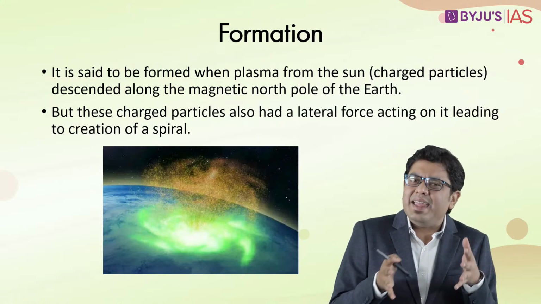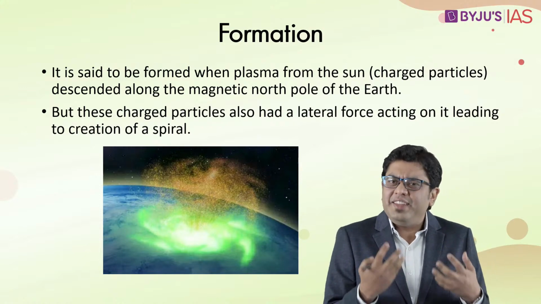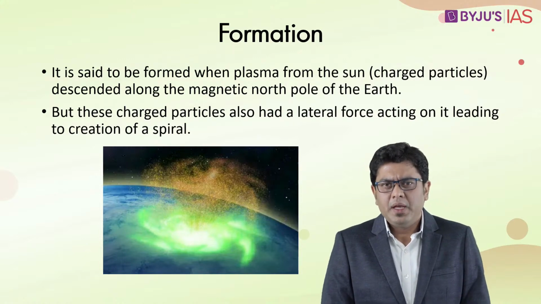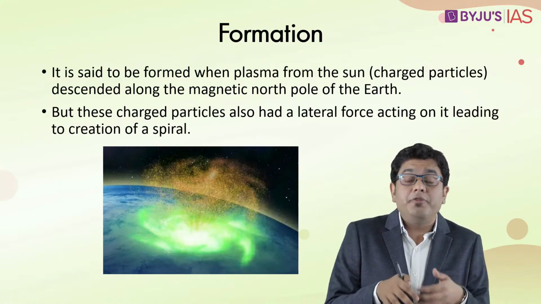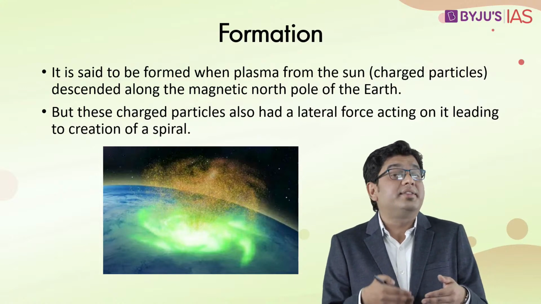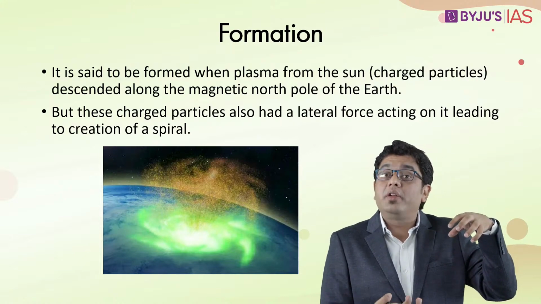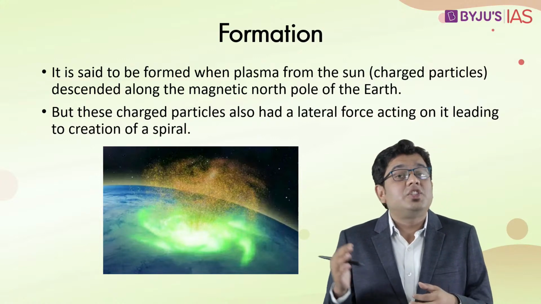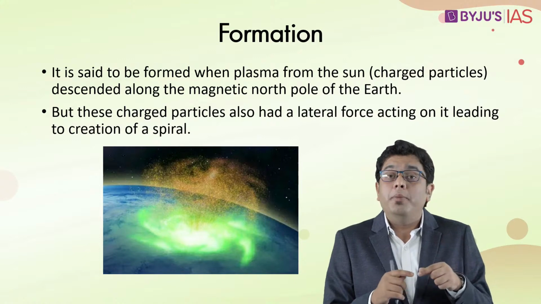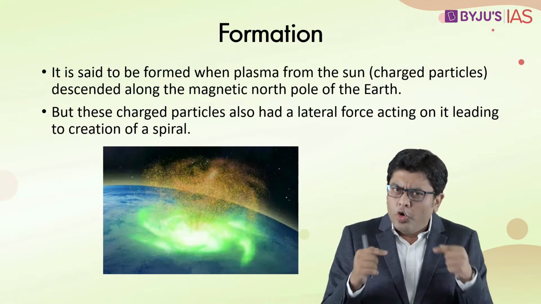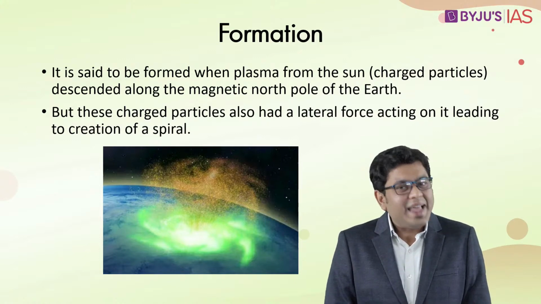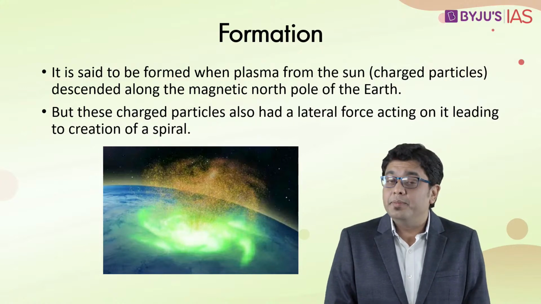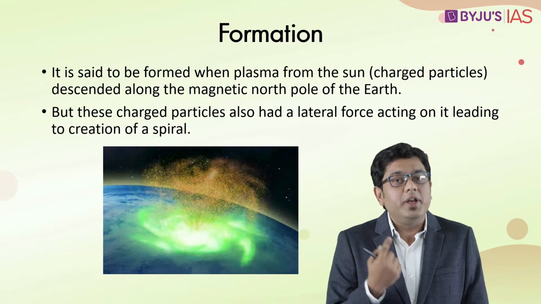If we look at the exact formation of these space hurricanes, the formation is pretty simple. Just like we observe auroras or the northern and the southern lights across the polar regions of the planet, similarly, we also had charged particles being formed in the polar regions, but the only difference was that in this case, the lighted particles or the plasma was found to be in a circulatory motion.